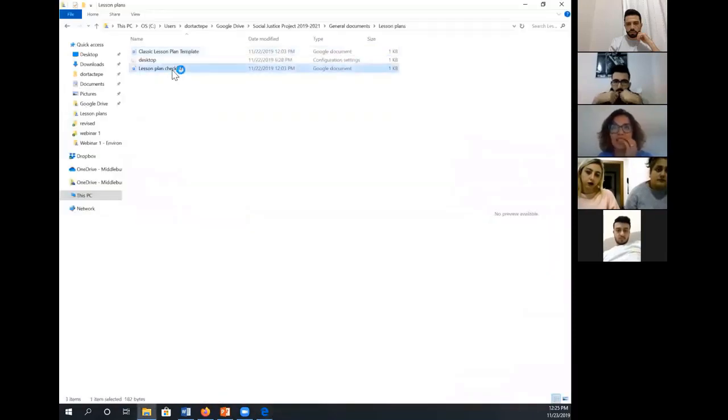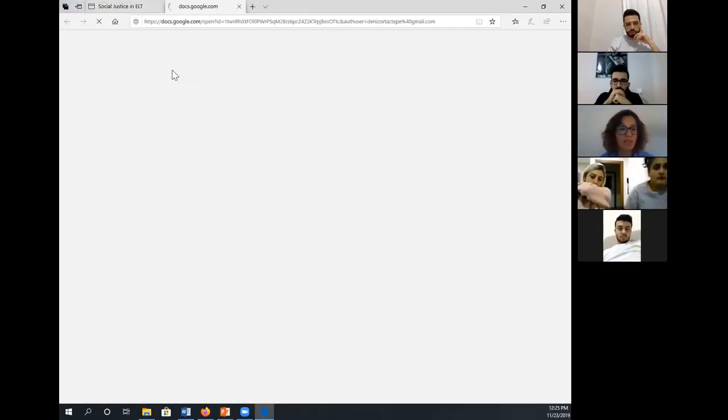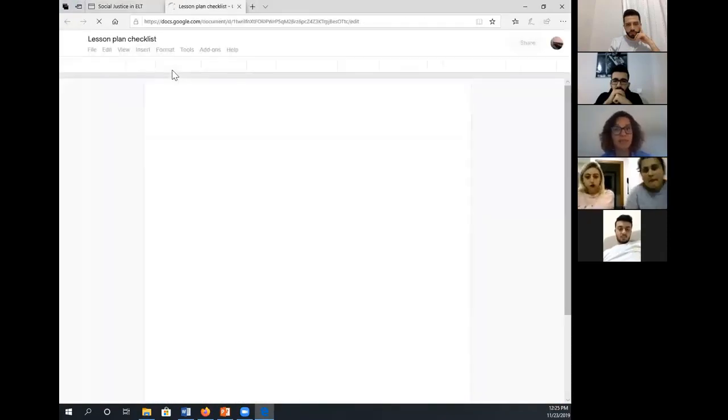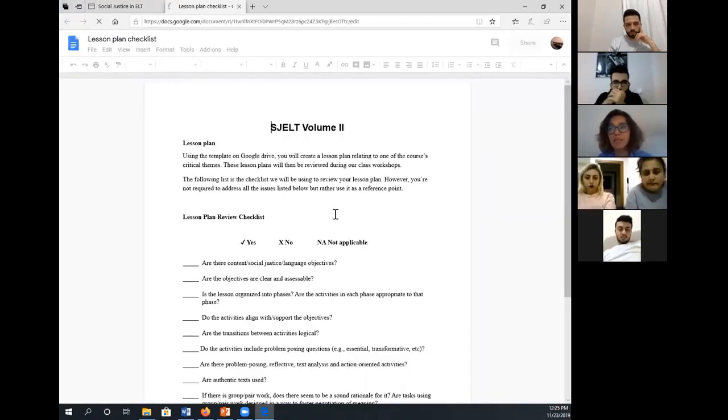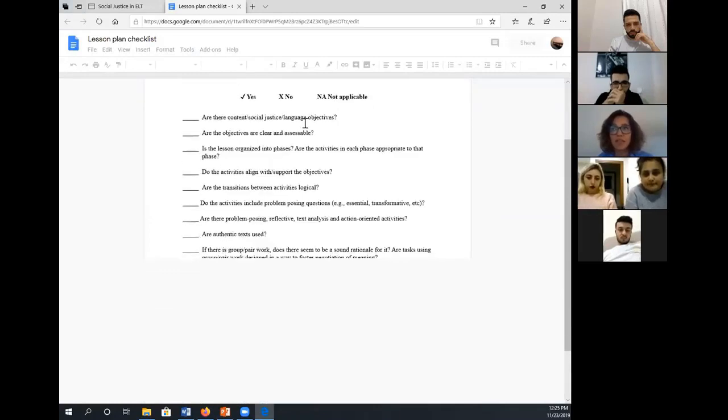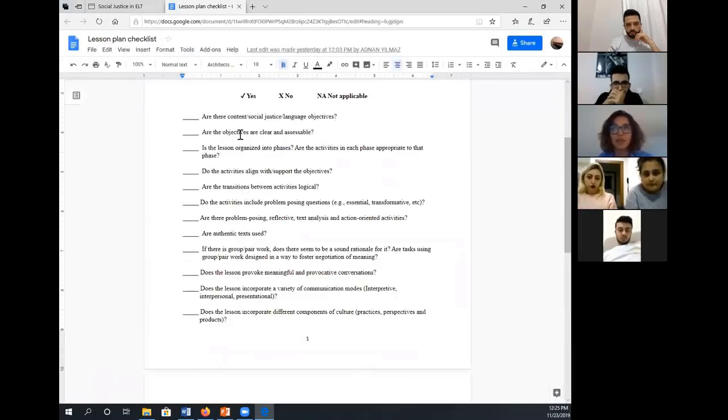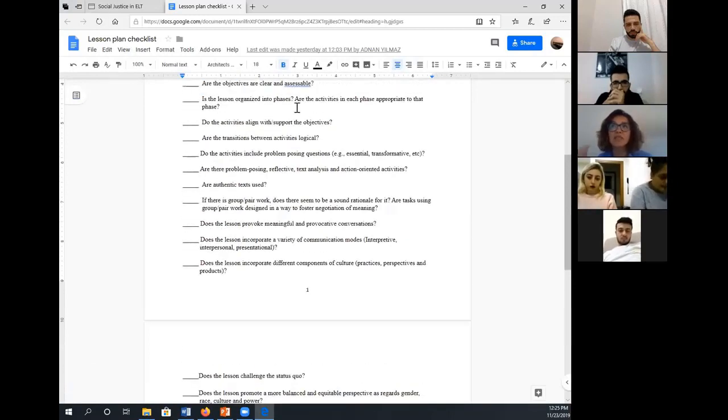And then there's a checklist here. I'm not going to go over all of the things here, but you let us know if you have any questions. The checklist is about the social justice aspect of your lesson. So are there content, social justice, language objectives? Are the objectives clear and accessible? Is the lesson transitioned into phases?